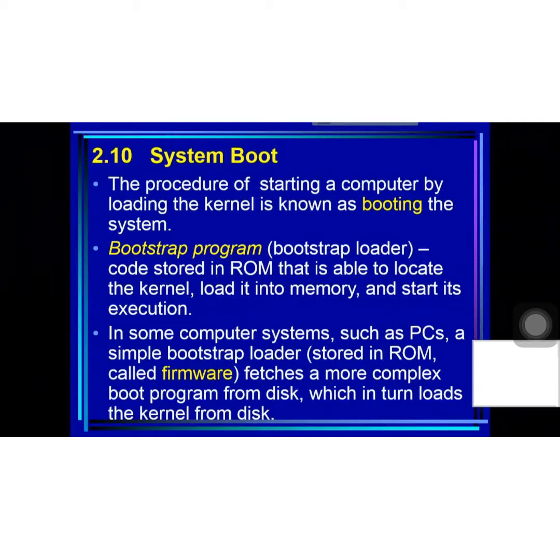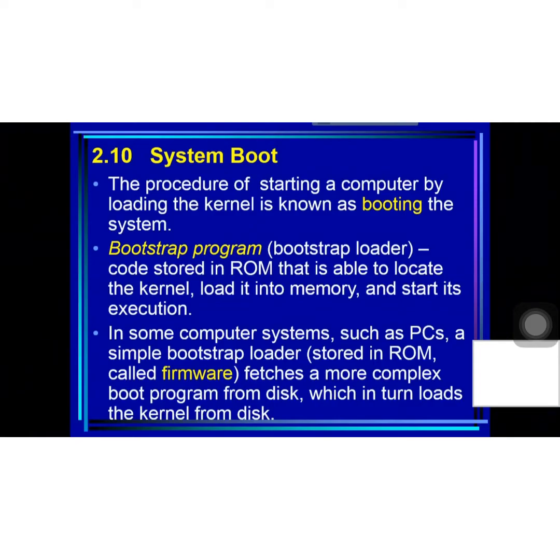A problem with firmware is that executing code there is generally slower than executing code in RAM. Some systems store the operating system in firmware and copy it to RAM for fast execution.